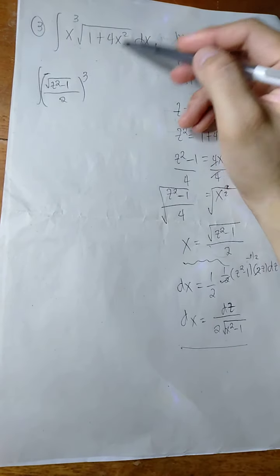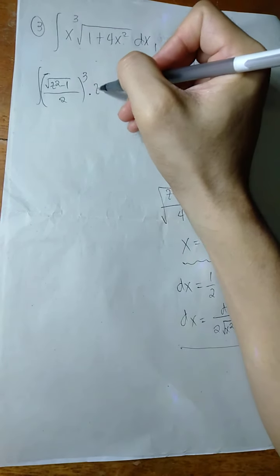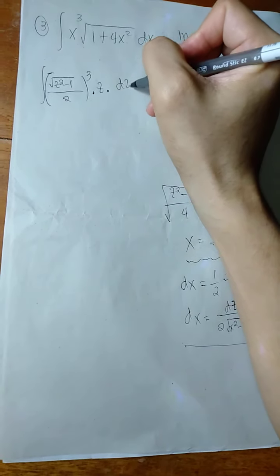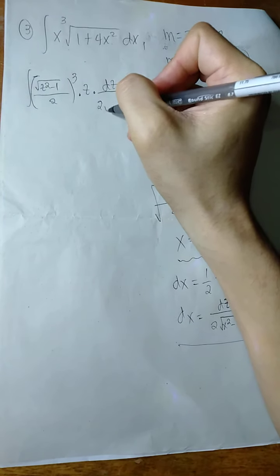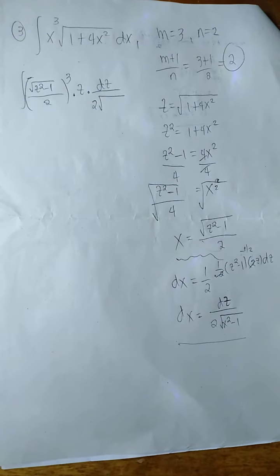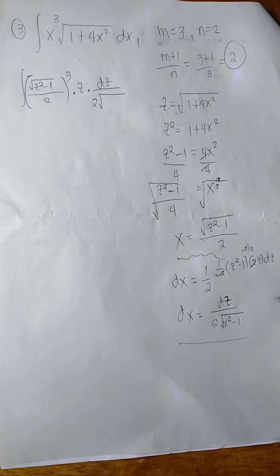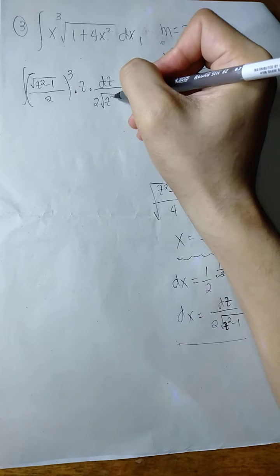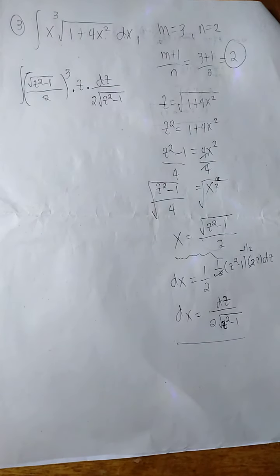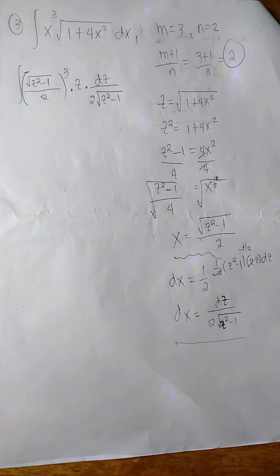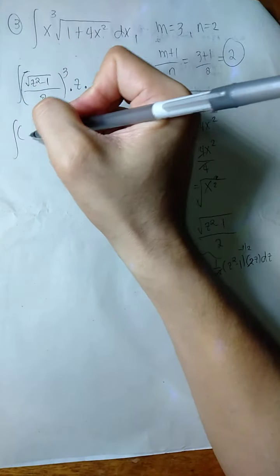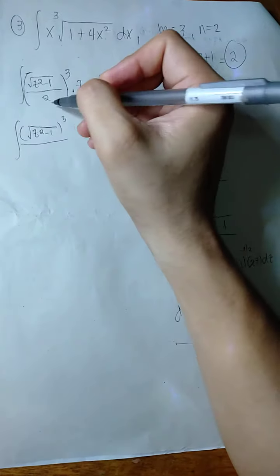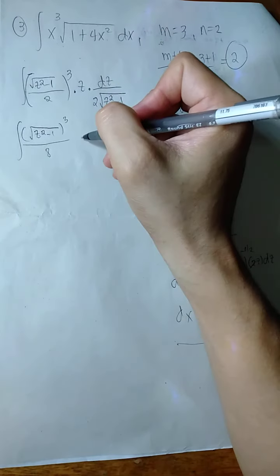Then eto, papalitan natin ng z, multiply by z, multiply by itong dx, papalitan natin ito, multiply by dz over 2 square root of z squared minus 1. Ayan. So yun na. So i-cube natin to. So magiging square root of z squared minus 1 raised to third power over 2 raised to third power, 8 na yan.